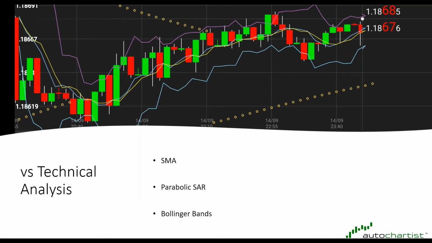All right. So many of you have heard about things like technical analysis, and in the mobile app there's options to add a simple moving average. I think it was a Bollinger Band, a parabolic. You had exponential moving averages, a whole bunch of different types of indicators. And really, what these are is technical indicators.